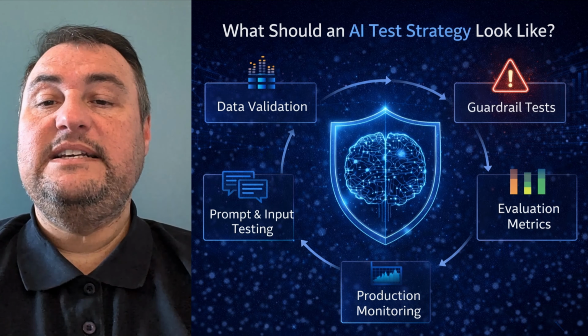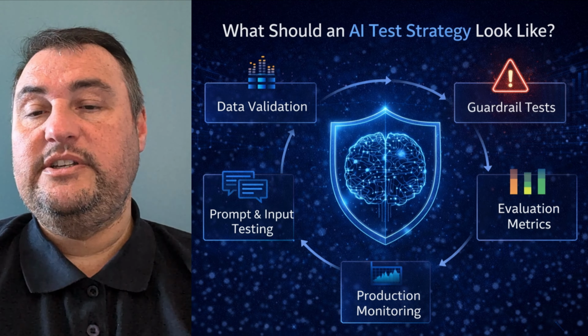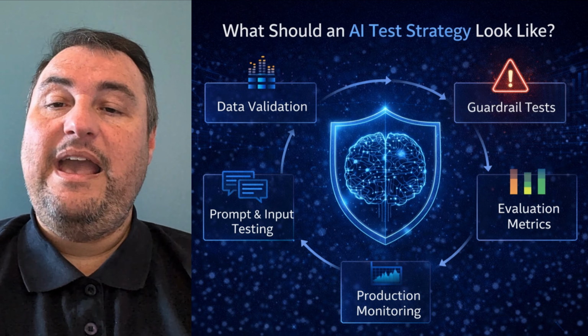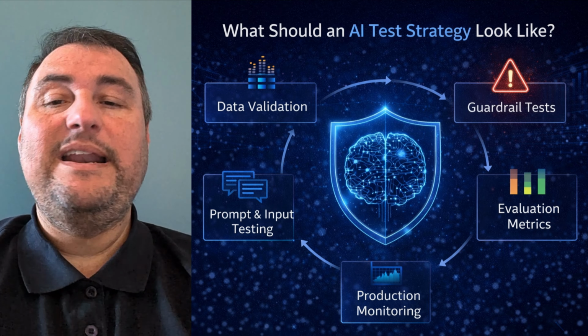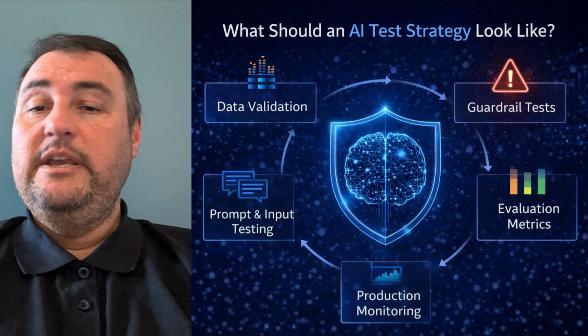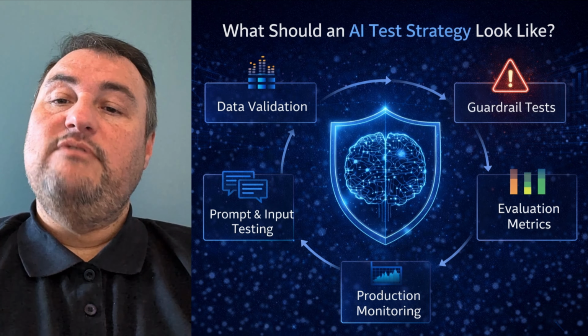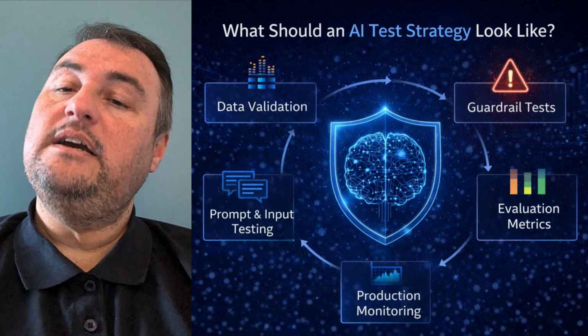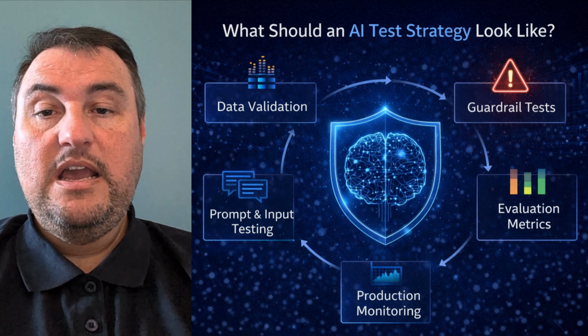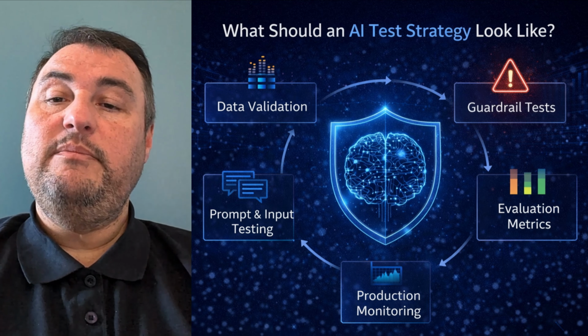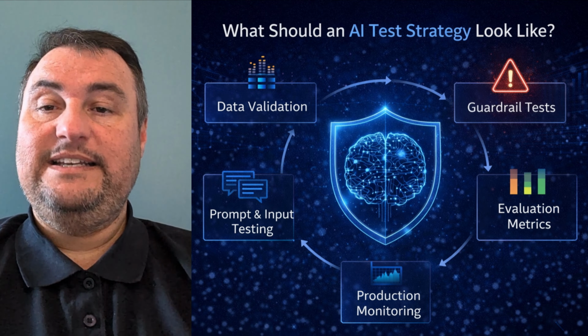So let's define what a test strategy around AI should actually aim to do. Number one, behaviour evaluation, not binary verification. You measure quality in dimensions like relevance, accuracy, tone, safety, consistency. Number two, guardrail validation.